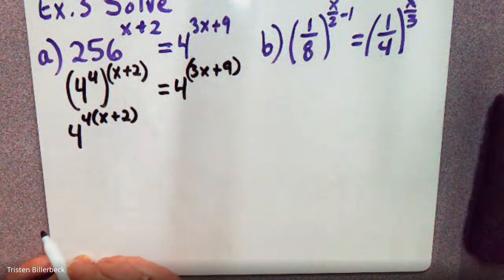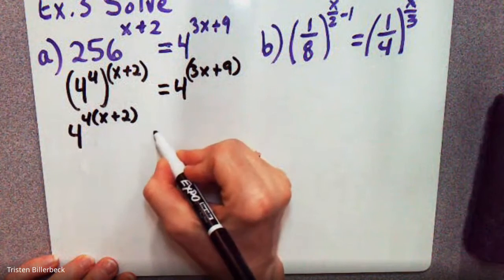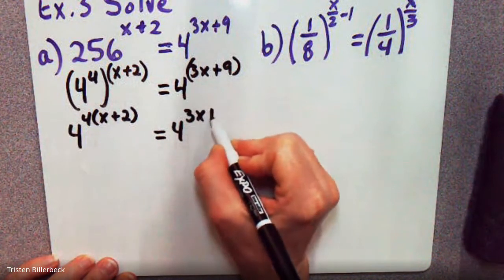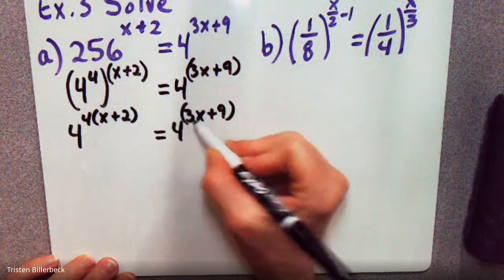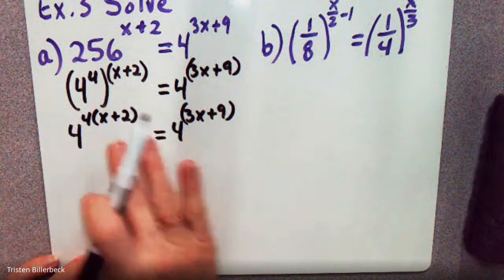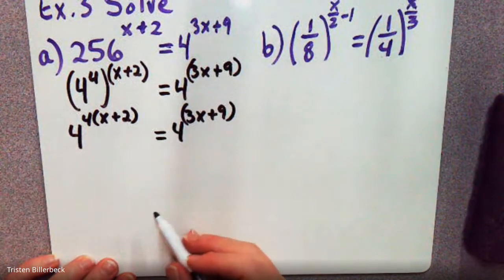So that's what multiplying a power of a power is. And then we just have equals 4 to the 3x plus 9. So now that we have the same base and we have exponents, we can just take this and bring it down, and it's just an algebra problem from here on out.